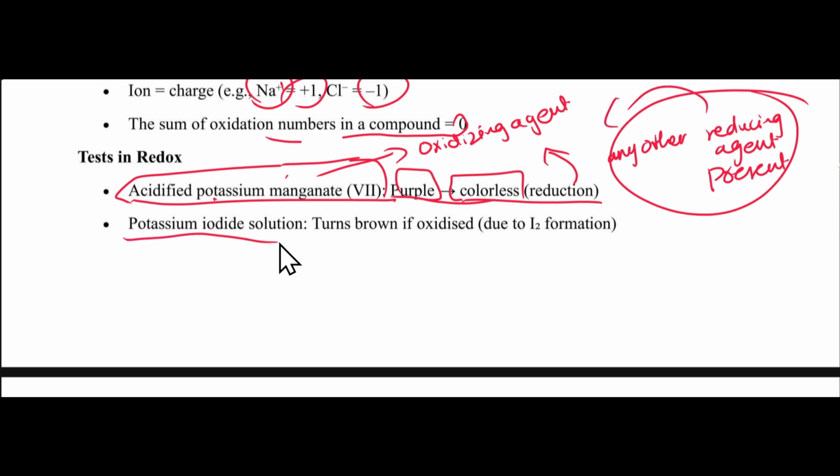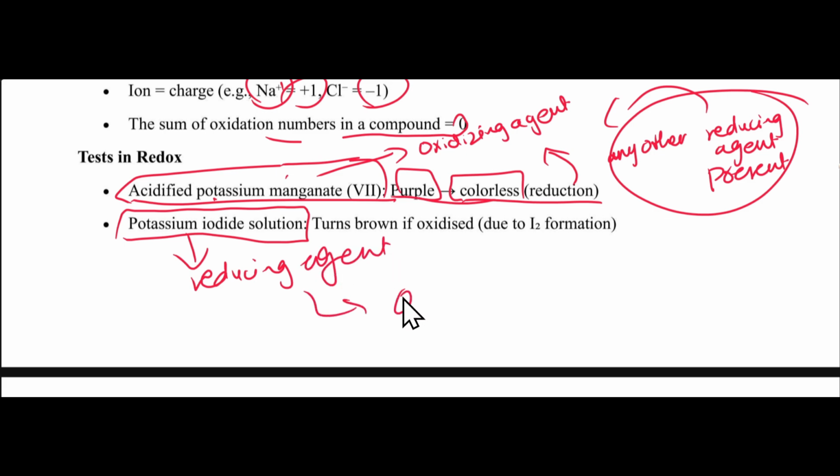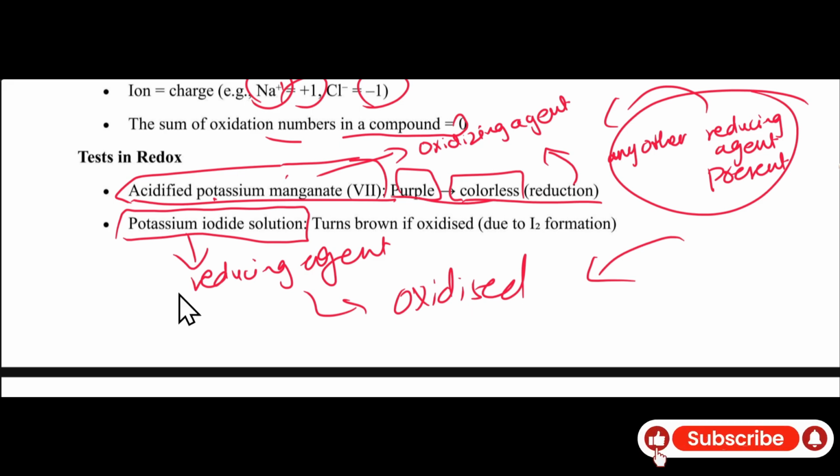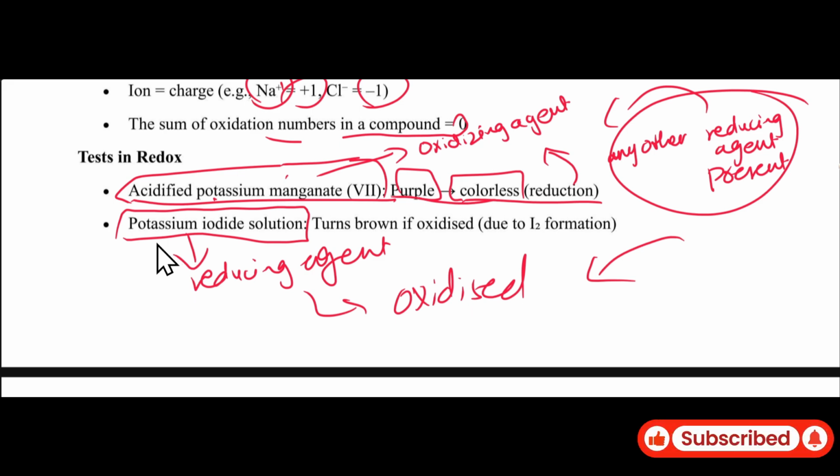What about potassium iodide solution? Potassium iodide is actually a strong reducing agent. What does it mean? It means itself, it will be oxidized, right? So if you want to check any other solution and confirm whether it's an oxidizing agent or a reducing agent, then you add it to the potassium iodide solution, and what will happen?